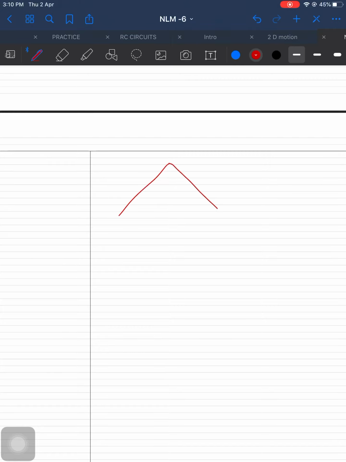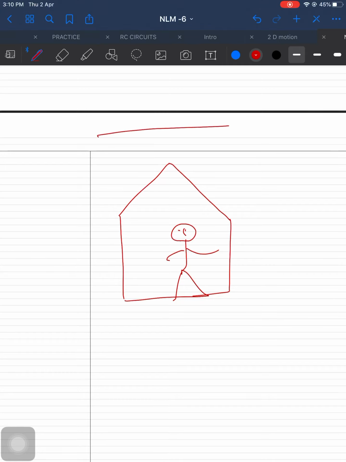Okay, next, second question. There is a person in a cage. He is standing in a cage. The rope is tied. Mass of the cage is mc. Mass of the man is mm.